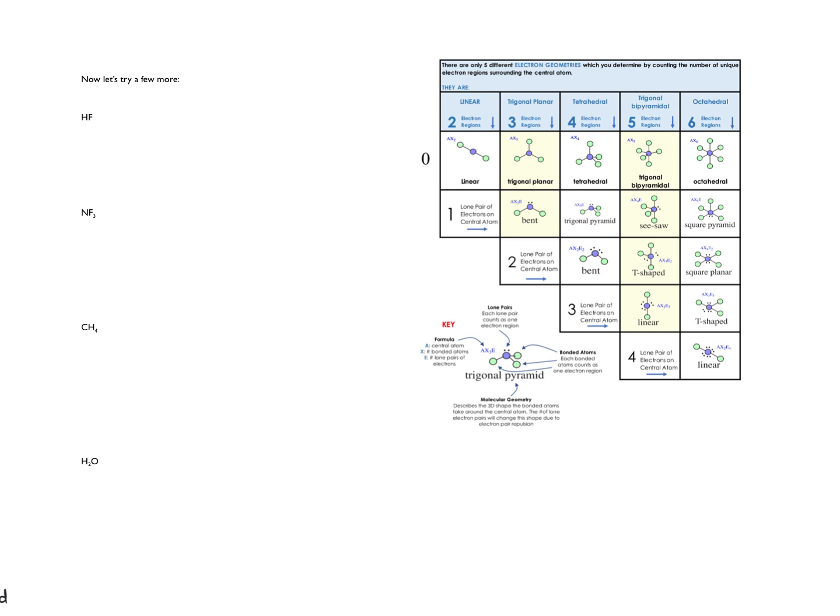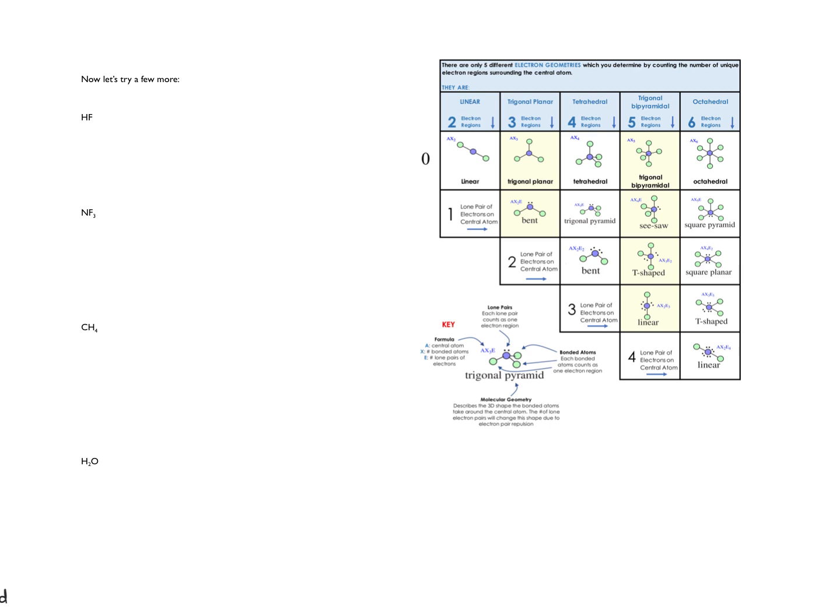It couldn't be this one because there are 4 atoms coming off the central atom, and also the central atom has no lone pairs. Could not be this one because the central atom only has 2 atoms coming off and also has 2 lone pairs. So we know it has to be the trigonal pyramid one. That's the molecular geometry. And then if you look straight up at the top, it's a tetrahedral electron geometry.